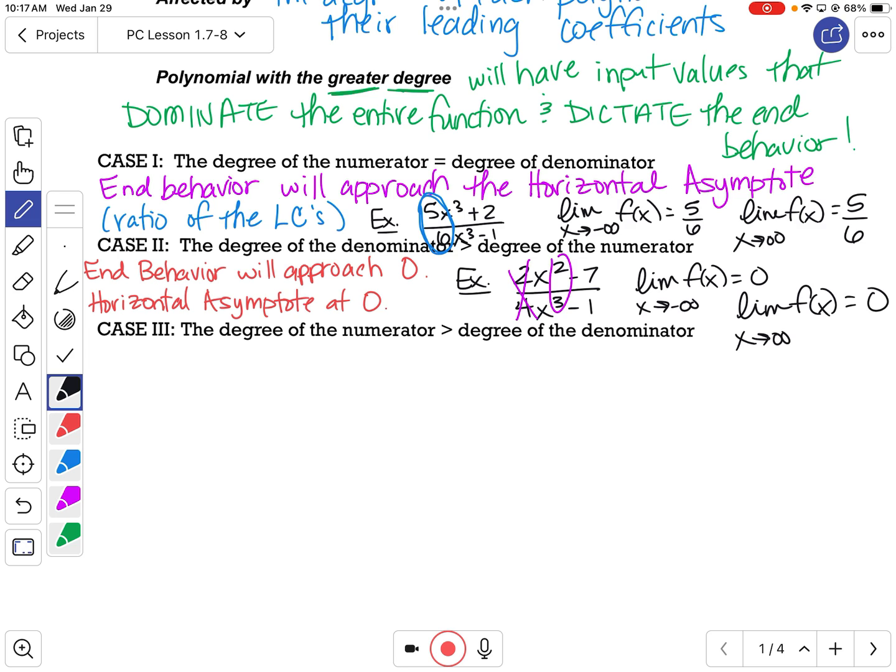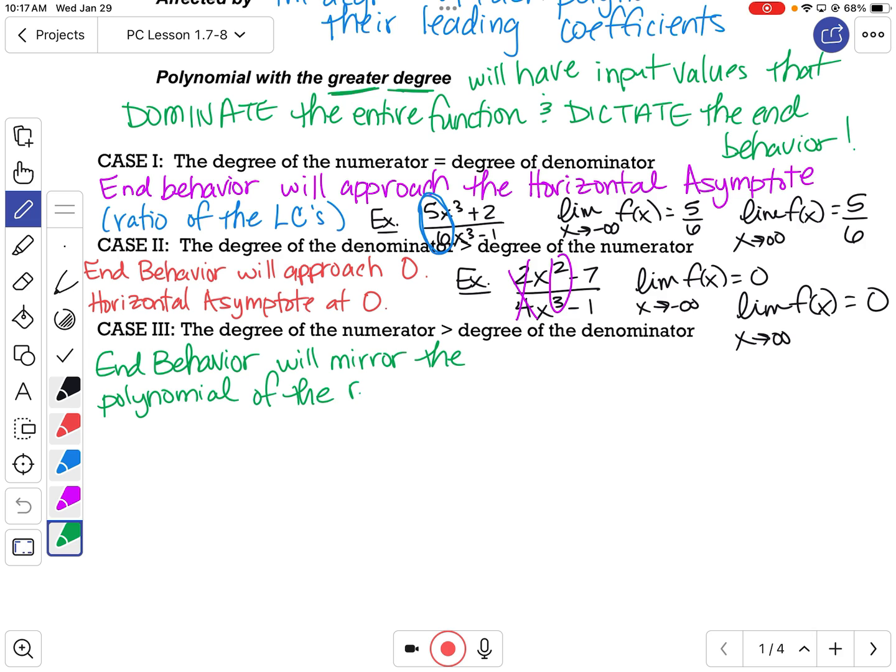So if the degree of the numerator is greater than the degree of the denominator, here's the cool thing: the end behavior will mirror the polynomial of the resulting quotient. Let's look at one of those.